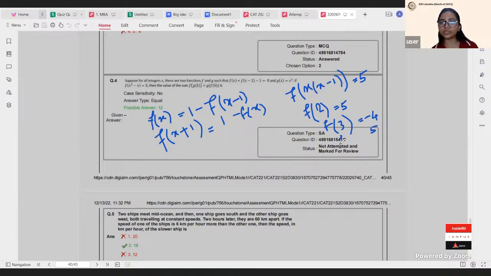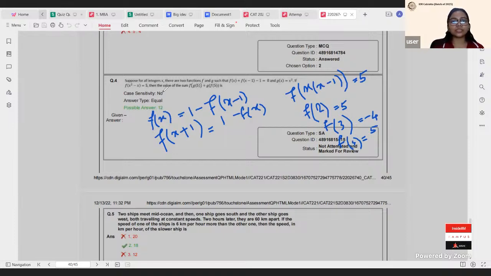So in this way, basically a series will generate, right? Here we can see that for every odd number in x square minus x, we are getting the equivalent value of the function to be an even number, and vice versa. For every even number, we are getting the equivalent value to be an odd number.